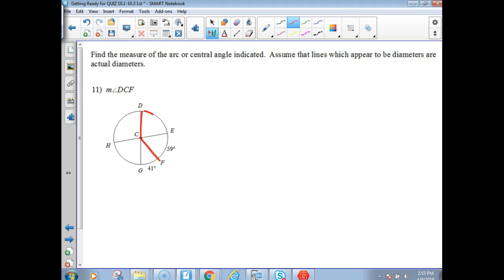Well, I'm going to need this, aren't I? I need that plus the 59. How am I going to get it? Well, D to G is a diameter. So let's figure out D to E by doing 180 minus 41 minus 59. Or if you added 41 and 59, that's 100. So when you do 180 minus that, you're going to get 80.